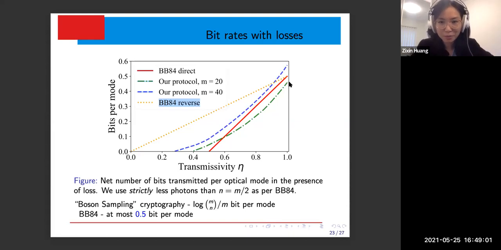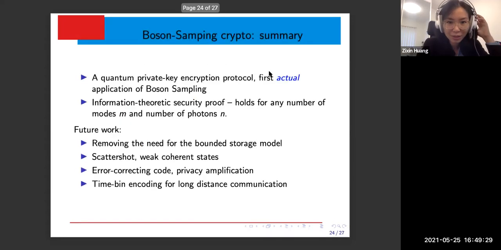You can improve this even more if you go to higher mode numbers. And we expect that if we do end up deriving a security proof of our protocol in reverse reconciliation, we can expect similar behavior. So our protocol could, in principle, beat this orange curve.